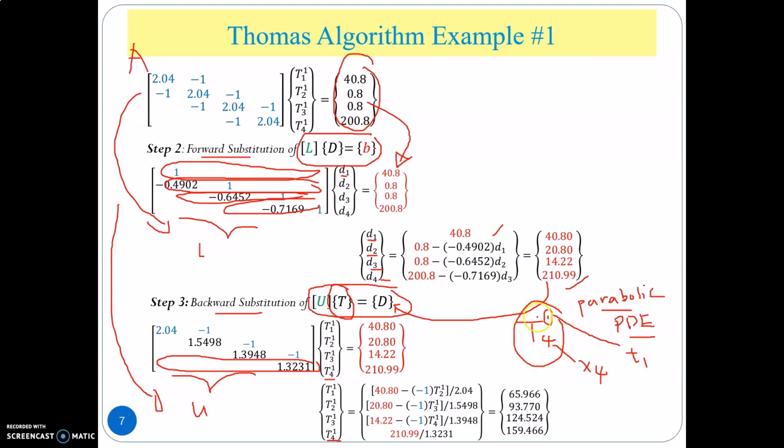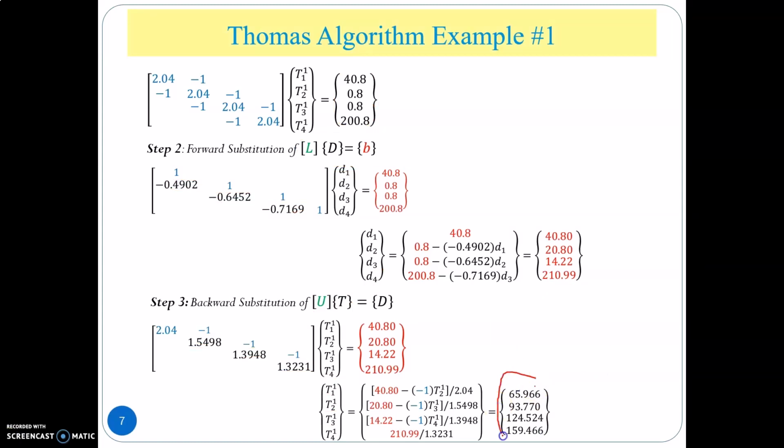So it means the temperature at position X4 at time 1. Then you can continue with the second-last row and so on to find your temperature at point 3, point 2, and point 1. So you should get this answer.